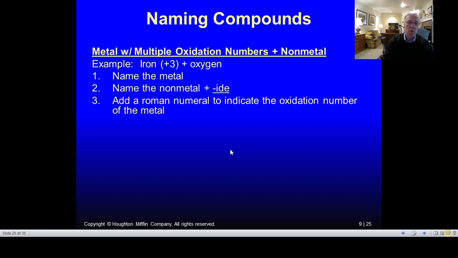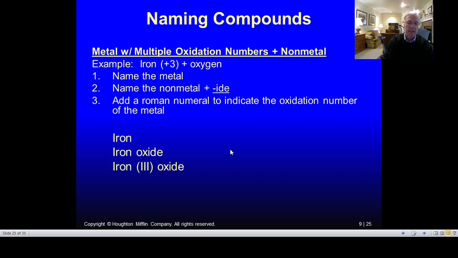So we're going to add a Roman numeral next to the word iron, Roman numeral 3, to indicate the oxidation number of iron. In this case it is plus 3. So we'd say iron plus oxygen is iron oxide, but the complete name here would be iron, Roman numeral 3, oxide, indicating that iron's oxidation number is Roman numeral 3.